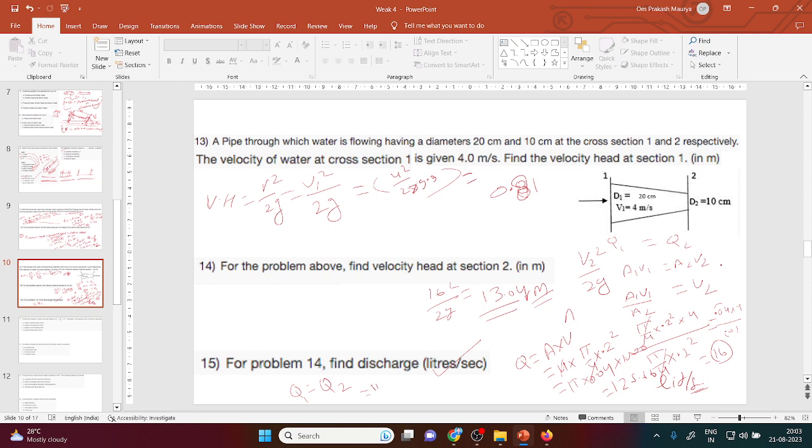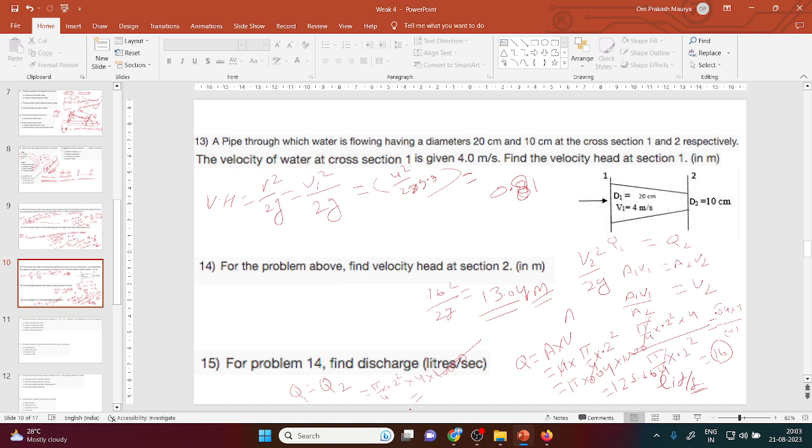Area is what? Pi by 4 into d square. D is given as 0.2, right? Now area into velocity. Velocity is how much? 4. And you want to calculate in liters, so you need to multiply by 1000. Pi by 4 into 0.2 square. Sir, it will be 0.02 square.